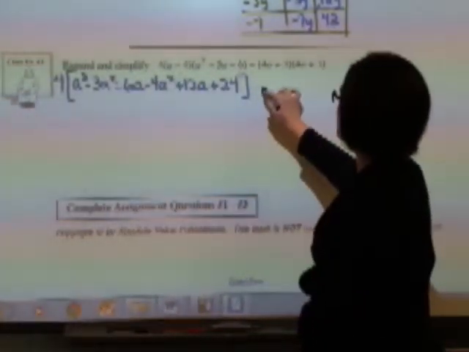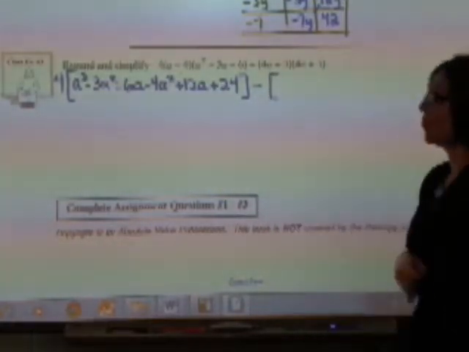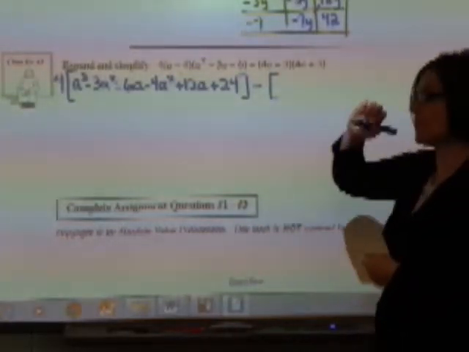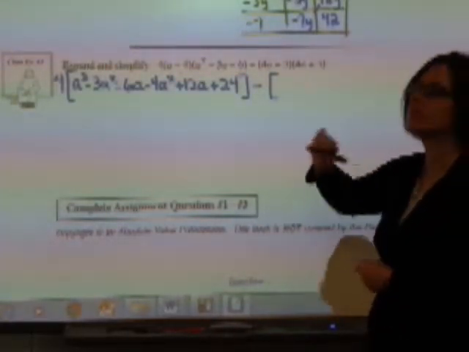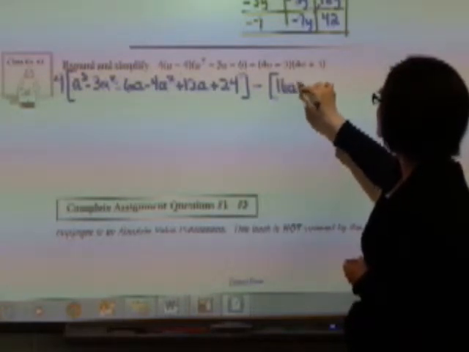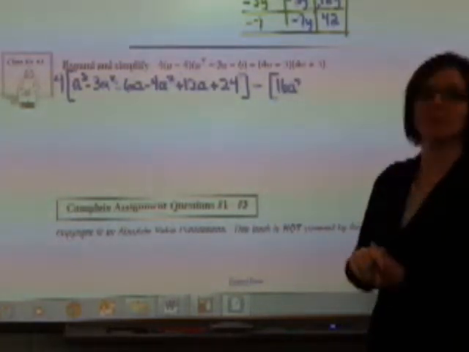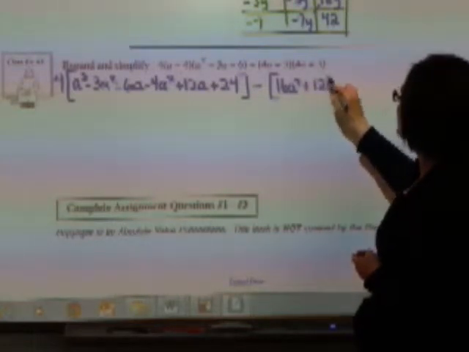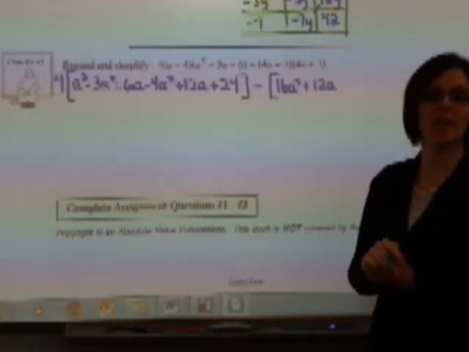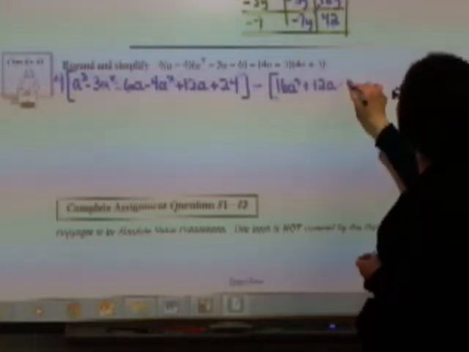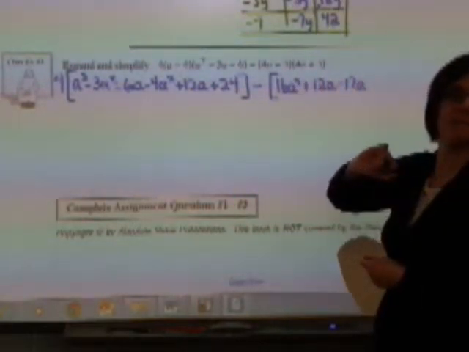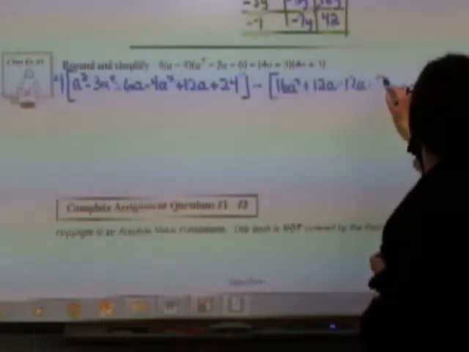And then I'm going to subtract what I get when I multiply the next two expressions together. So 4A times 4A, 4A times 3, negative 3 times 4A, and negative 3 and 3, negative 9.